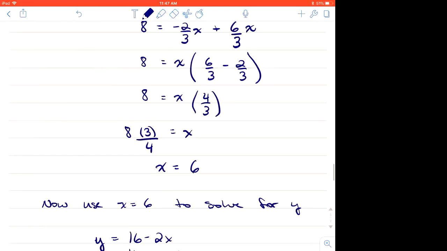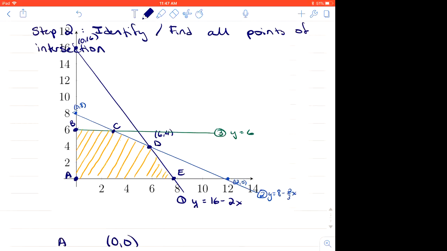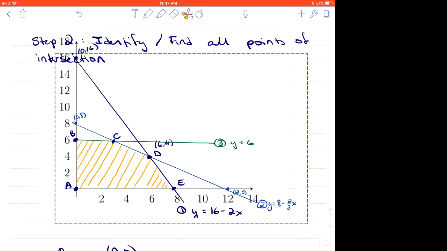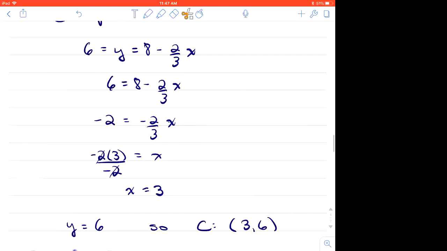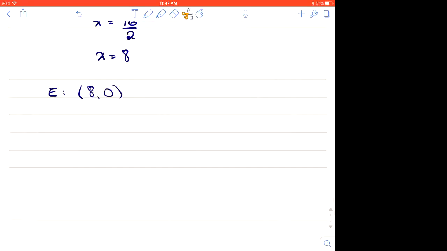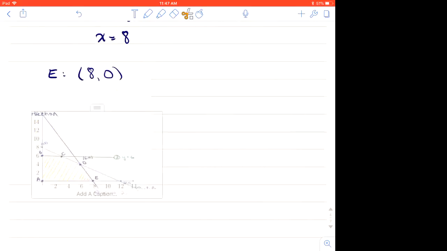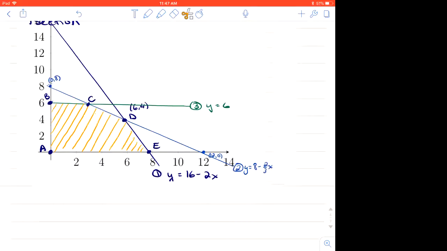So just stealing our graph, I'll come back down there. On your graph, right, you would make a note and say, okay, well, I know A is 0, 0.